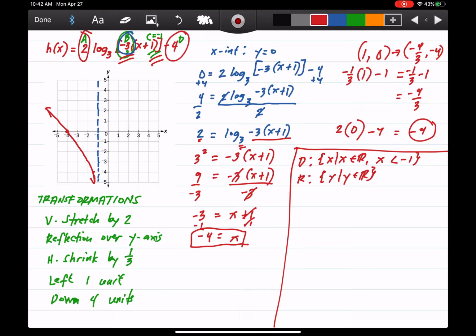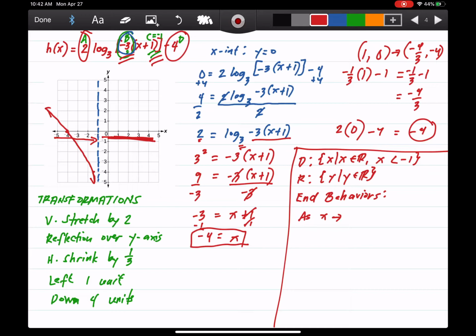Okay, for the end behaviors, as you can see, we cannot have all the numbers here, right? So as x is approaching, what number is that? Negative 1.